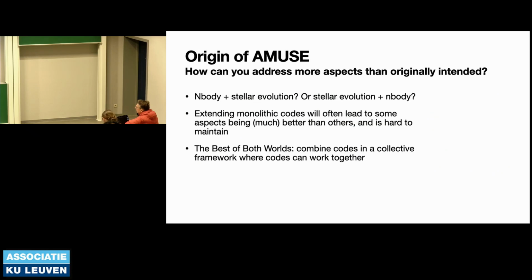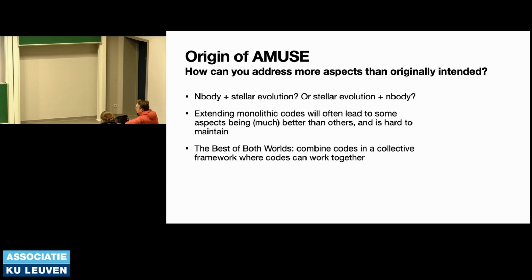The origin of AMUSE is from the question, how can you address more aspects than were originally intended in a code? So you have many people who've worked on n-body codes, many people who've worked on stellar evolution codes, and they were all interested in saying, okay, I want to go to the next level, introduce stellar evolution in my n-body code, or vice versa, introduce gravity into my stellar evolution code.